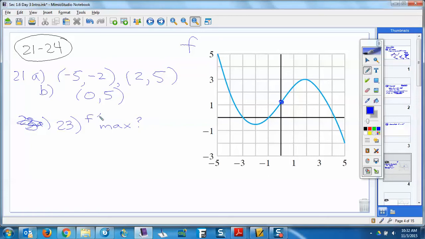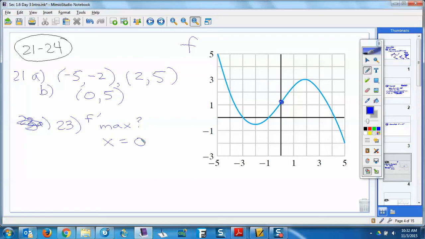Well, if it's positive, it's when it's its biggest positive. If they're all negative, it'd be where it's the least negative, or closest to 0. But in this case, we have slopes that are both positive and negative. So it'd be wherever it's the most positive, where it's going up the steepest, which would be at the inflection point. So at x equals 0, and I would want you to put at x equals 0.